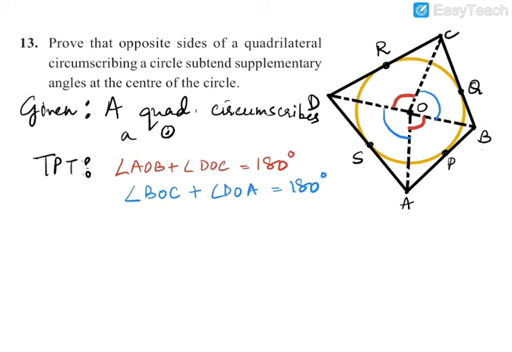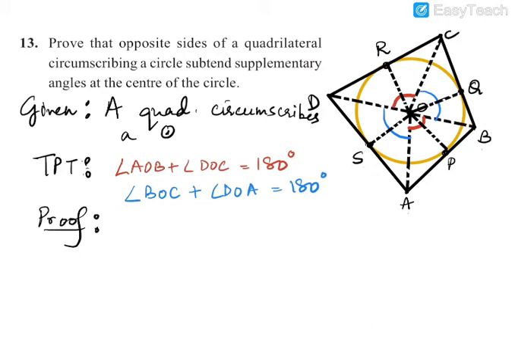In order to prove these equations, we will have to draw some lines. So join the center O to R, Q, S and P. Observe that AOC is not a straight line, and therefore this line is not a diagonal. Similarly, DOB is not a straight line, and therefore it is not a diagonal.